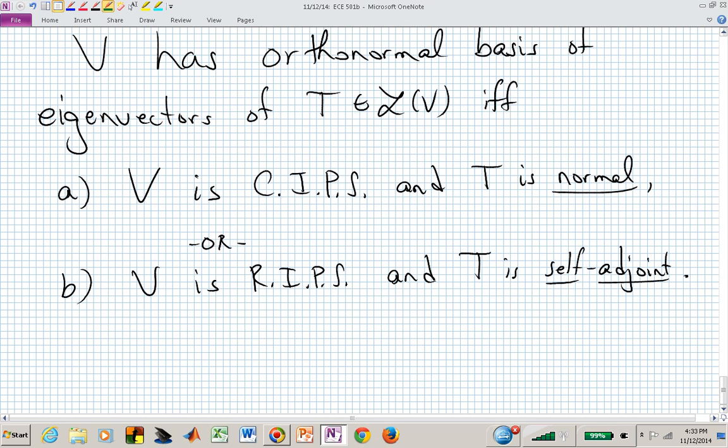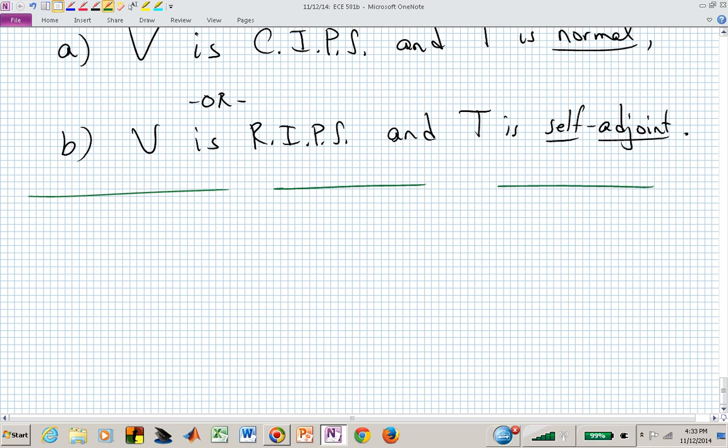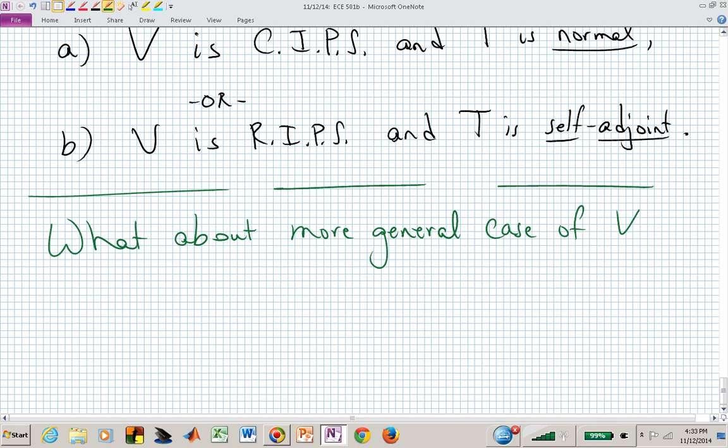What can we say, or can anything be said, for a more general case when we have real inner product spaces? What about the more general case of V being a real inner product space and T being normal, not self-adjoint?